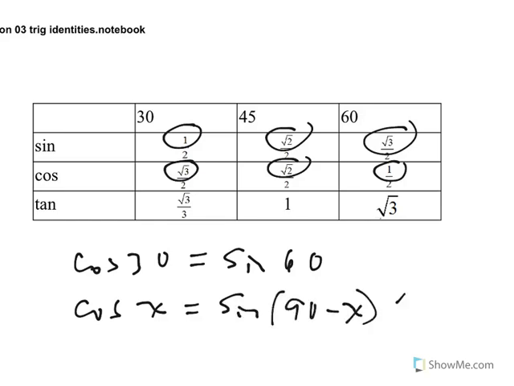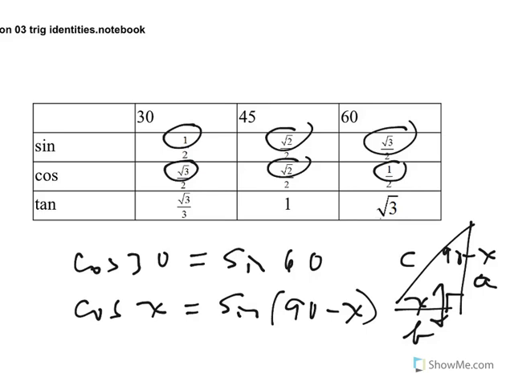That's because if this is x and this is 90 minus x, then the side that is adjacent to the x is also the side that's opposite the 90 minus x. So cosine of x, adjacent over hypotenuse, is b over c, but sine of 90 minus x is also b over c, because the adjacent to one angle is the opposite to the other angle that remains.